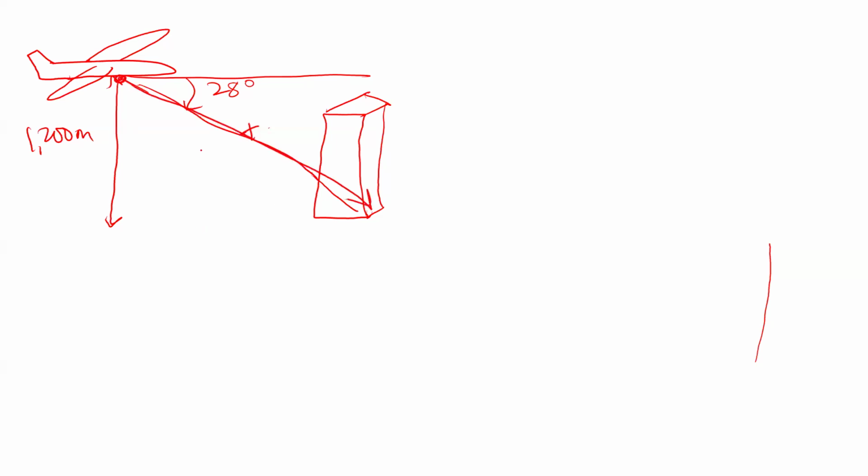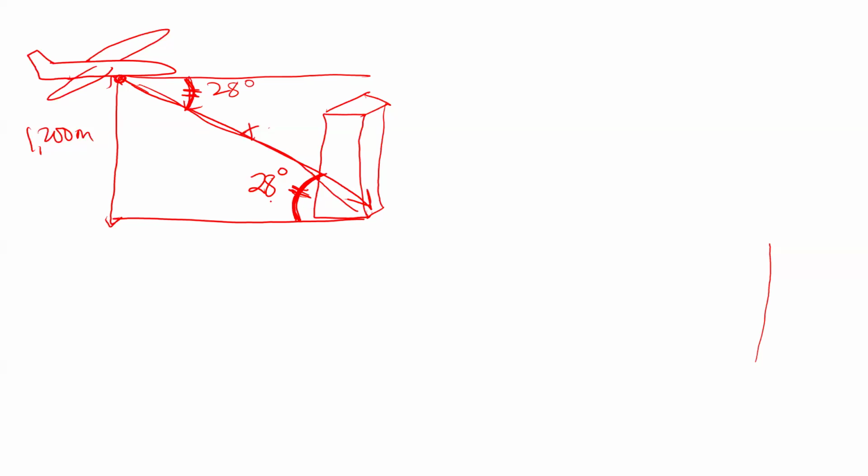Because of this, we can say that the 28 degree angle here is equal to the measure of the angle here, right? So this is 28 degrees. Do we call these vertical angles? They are congruent angles, right?